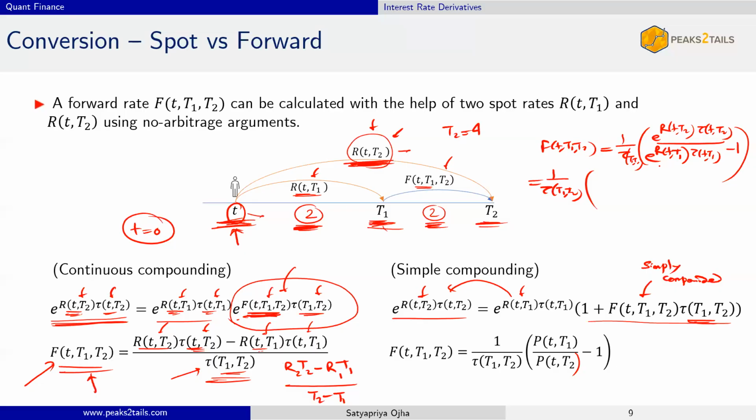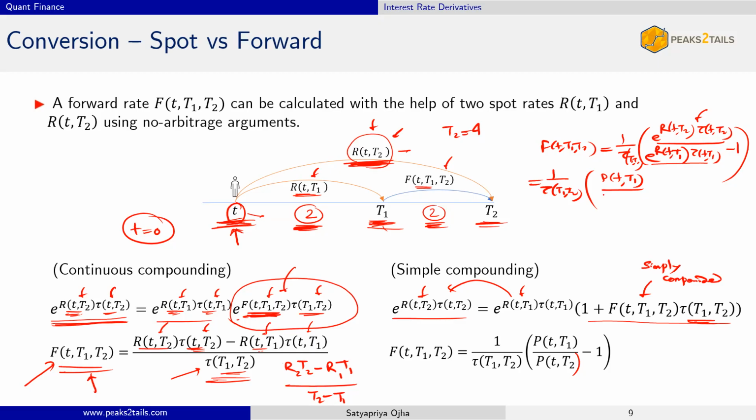So basically, this 1 divided by e to the power r t1 times tau t t1 is the zero coupon bond formula, which matures at t1. And this guy on the numerator, okay, there is a plus.